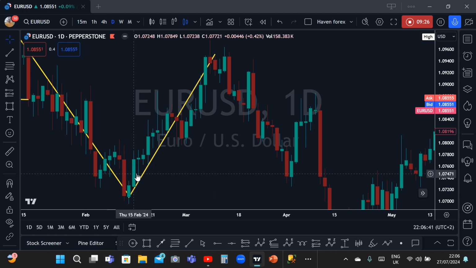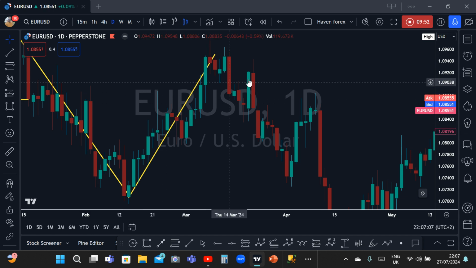Now, for you to know that a trend is forming a higher low, there has to be at least two opposite candles, just like this. At least two. If you see maybe one candle, it's not valid.